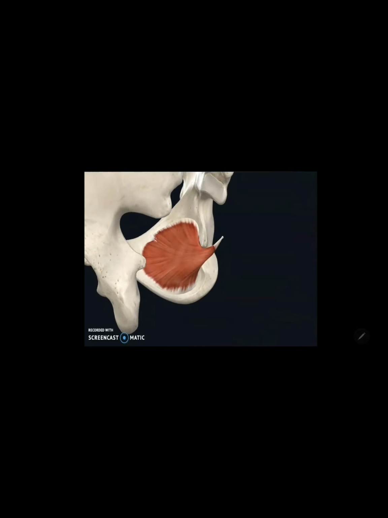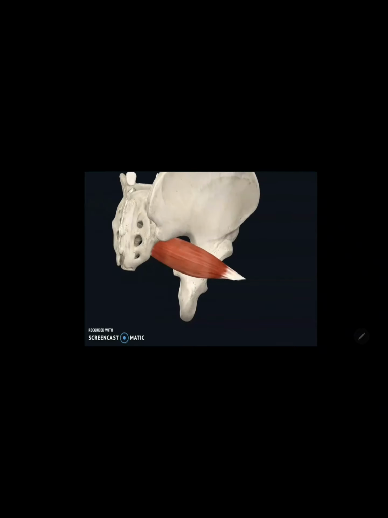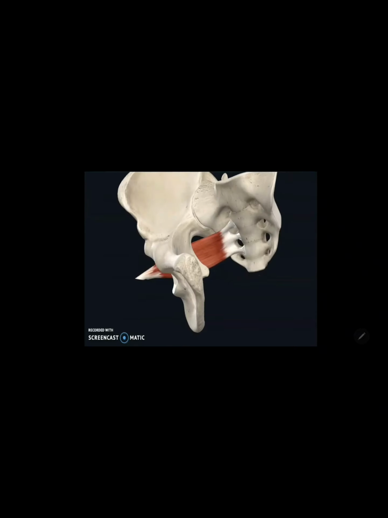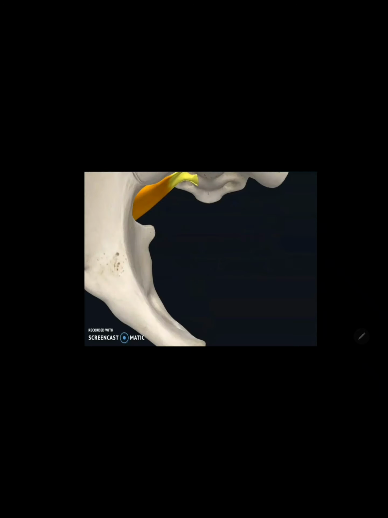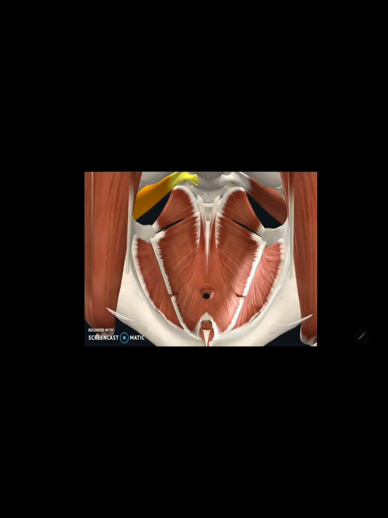Piriformis takes an E-shaped origin from the ventral surface of the sacrum, and it exits the pelvic cavity by passing through the greater sciatic foramen. Both obturator internus and piriformis attach to the greater trochanter of the femur and act as lateral rotators of the hip joint.